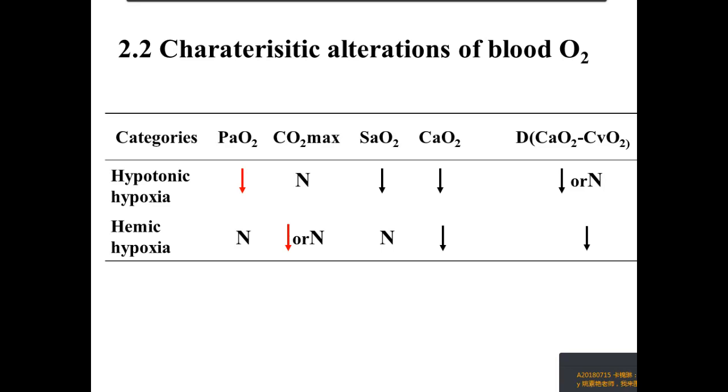If the carbon monoxide poisoning patient's blood is kept under standard conditions for a very long time, carboxyhemoglobin can liberate, so the parameter is normal. Because partial pressure is normal, saturation is normal.